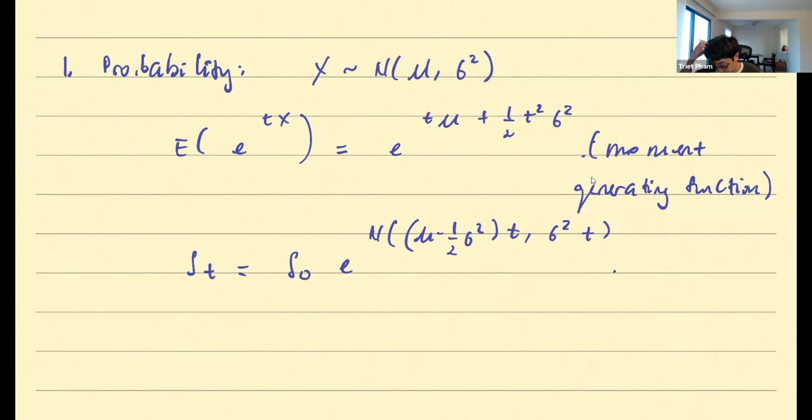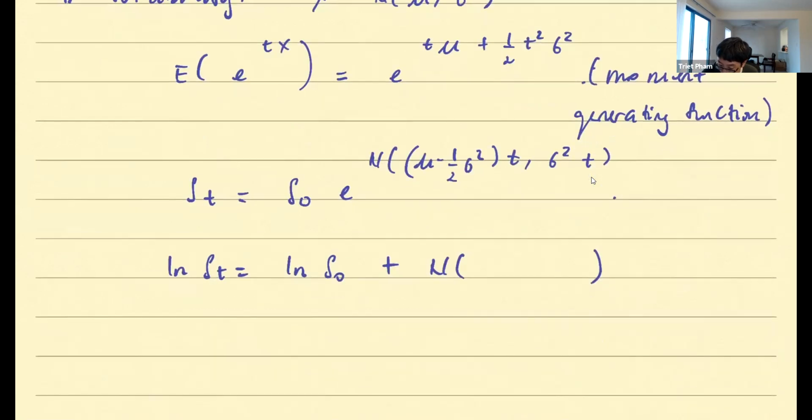When you take the log, it's going to be log S0 plus this normal. That doesn't change the distribution; you just bring the log inside and it changes the mean.